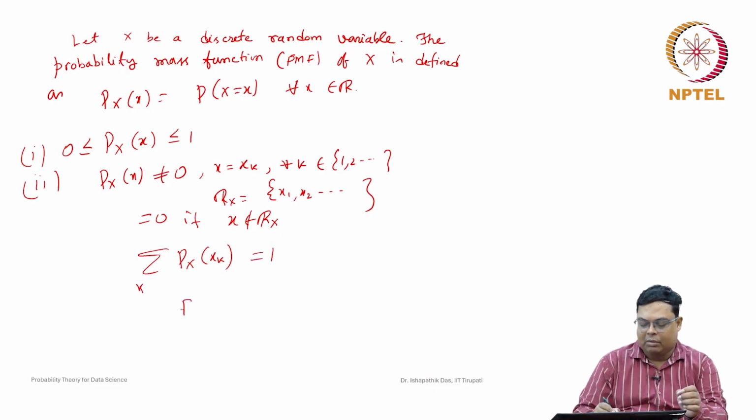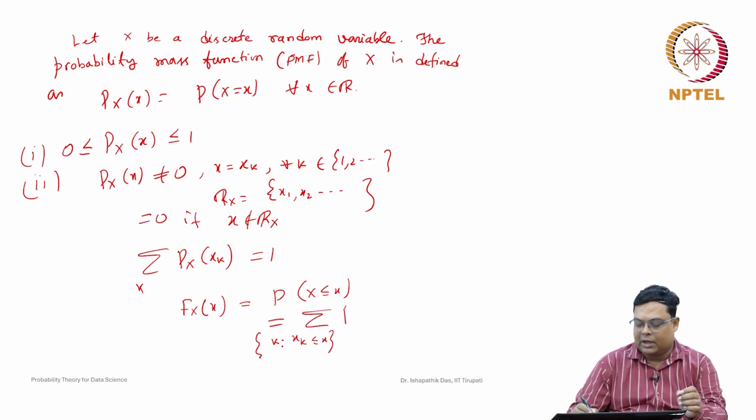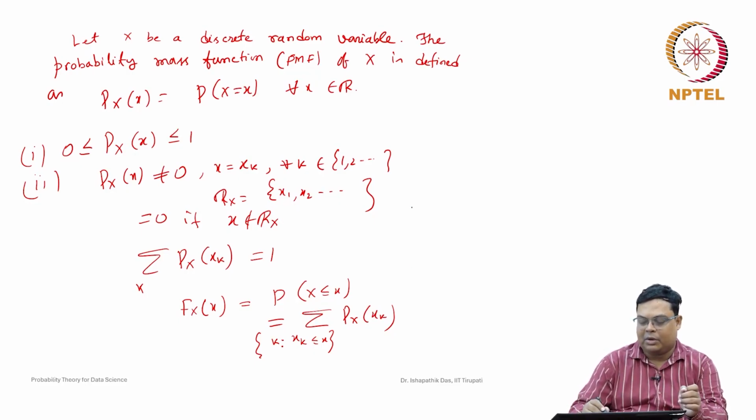How will we find the cumulative distribution function of X from the probability mass function? This is nothing but the sum over all k such that x_k is less than or equal to x of P_X(x_k). So, this will be 0 when x is less than the minimum value of the range, x_1, if we write in ascending order.